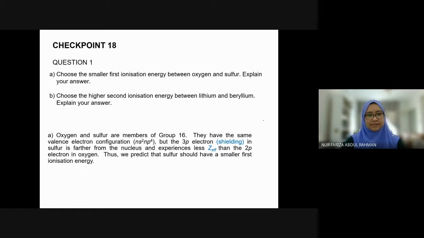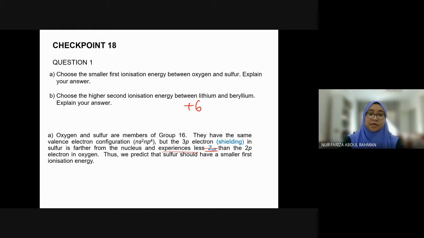Oxygen, they have the same valence electron configuration, but the 3p shielding in sulfur is farther from the nucleus and experience less Z effective than the 2p electron. Tak payah mention Z effective, down the group. Okay, they come from the same group kan? So kenapa dia experience less Z? Okay, because of the n lah. Even though they have the same Z effective, tapi sebenarnya the Z effective is decreasing sebab dia ada issue size dekat situ.